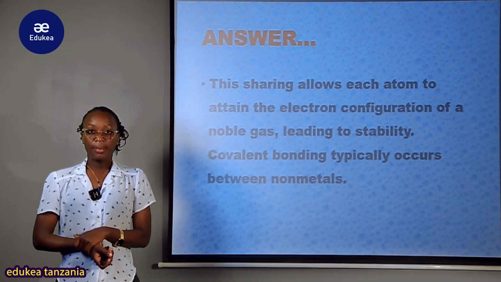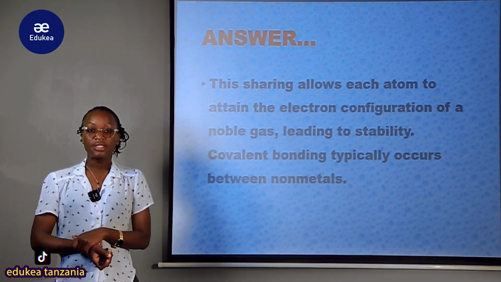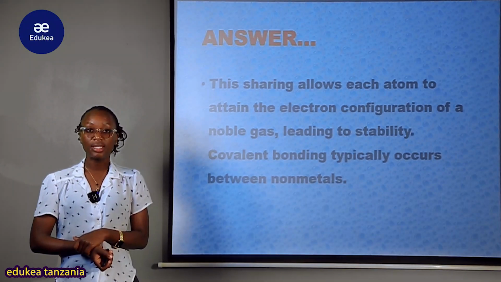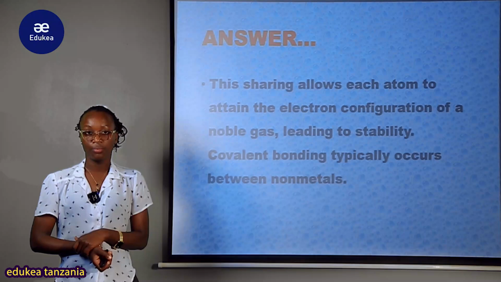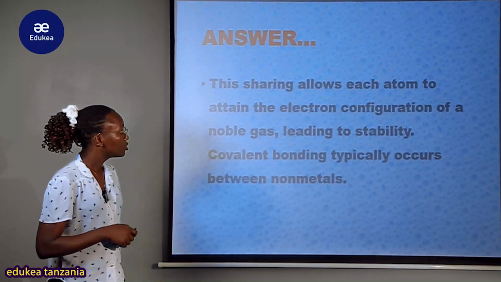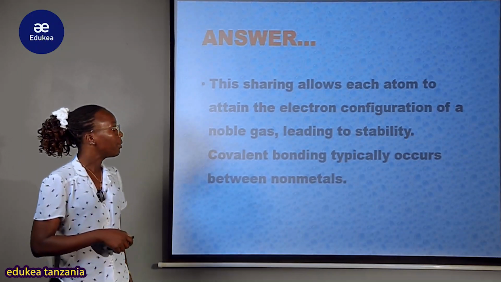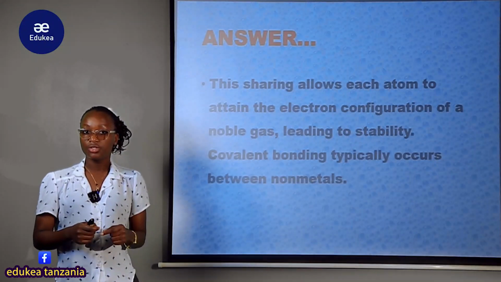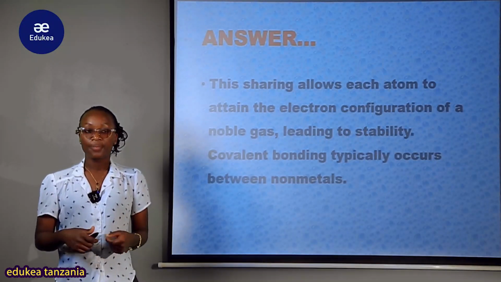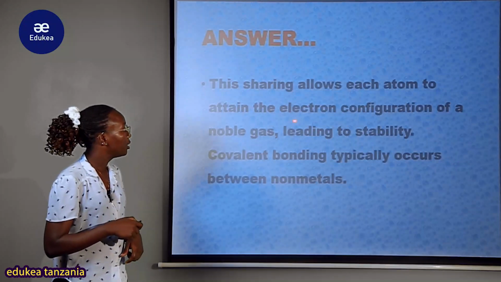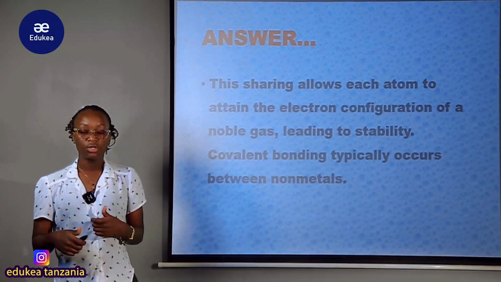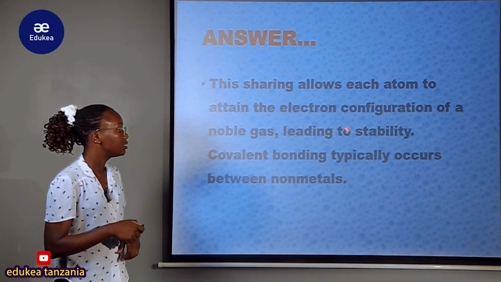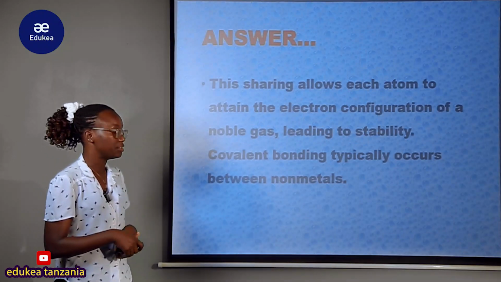So each element or atom will gain or lose electrons so as to attain the stability of an atom. So leading to stability, this sharing of electrons between atoms leads the atom to attain the electronic configuration of a noble gas, which ensures that the atom maintains stability.